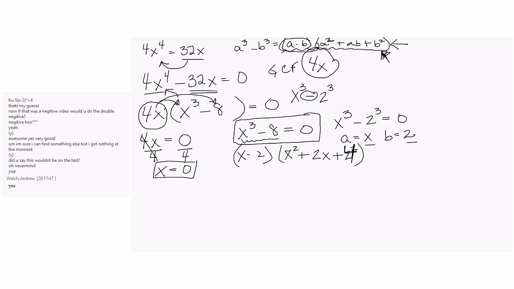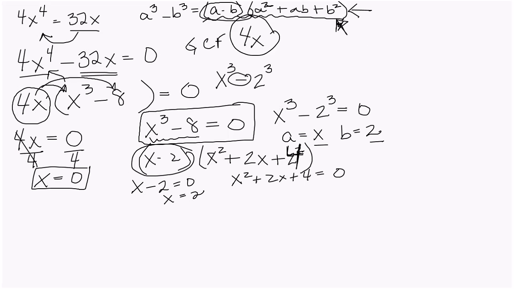Awesome. So once you get it to here, you can set x minus 2 equal to 0 and solve for x, so that's going to be 2. And then x squared plus 2x plus 4, I'm also going to have that equal to 0, and then I have to solve for the x's.